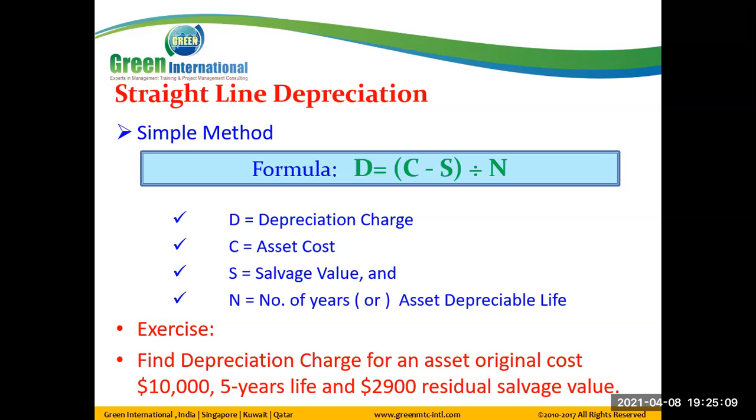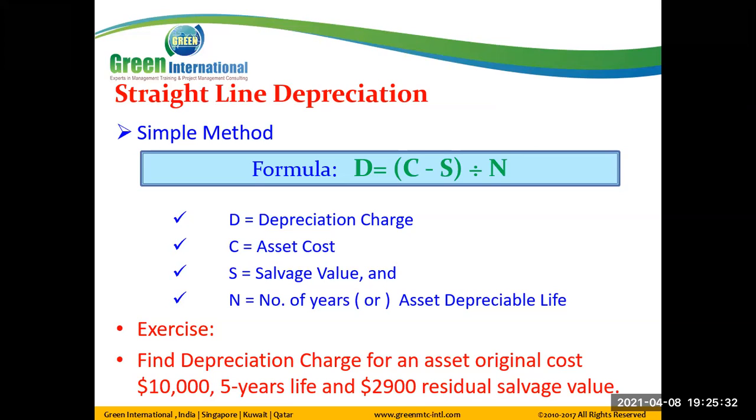So scrap value is after the life period of the equipment or machine, when it is not being used at all. Salvage value is also after the life period, but the asset can still be utilized with some efficiency. That's called a salvage value.